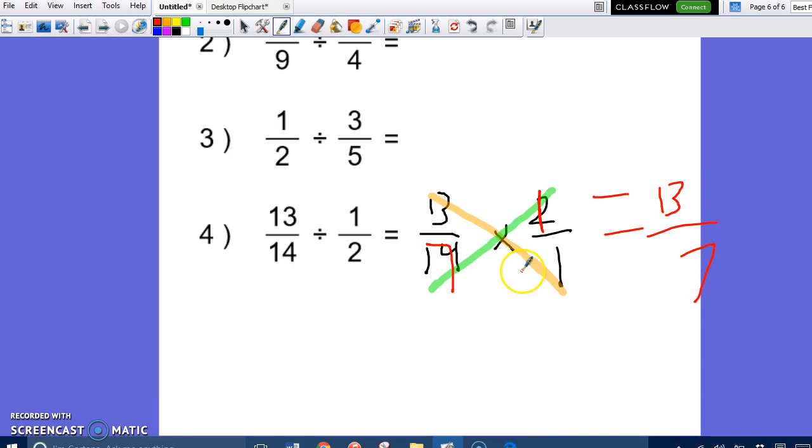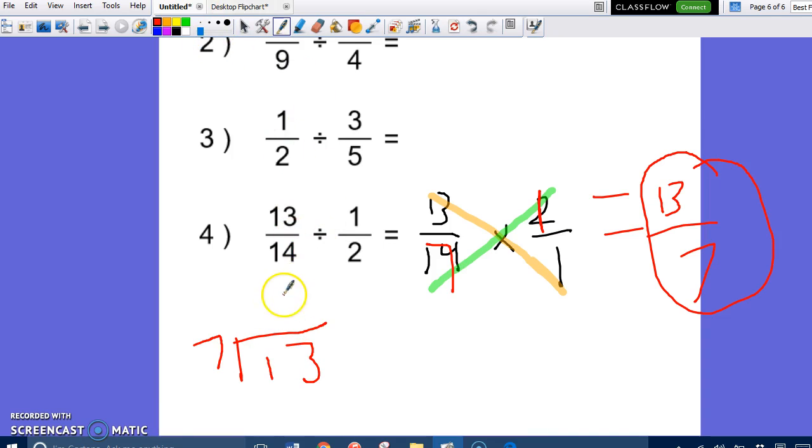You see why I like to reduce diagonally, because I think it makes multiplication straight across a lot easier when you finally need to do it. So now I can see very easily that this is an improper fraction. So I need to divide to get my parts for a mixed number. 7 will go into 13. You can use a multiplication chart if you need to, but you realize it's going to be 1.